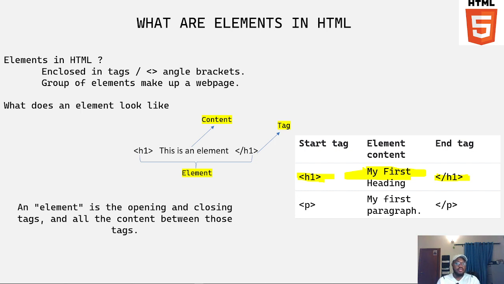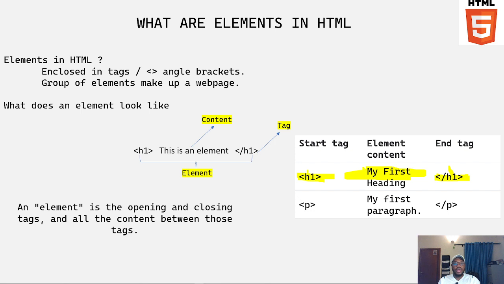Elements are basically tags and text or their contents, and tags are these two things. Tags themselves cannot show up on the page, but there are some tags that can do that as well. But what I'm trying to say here is that elements are different from tags.